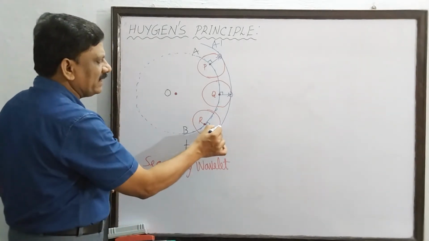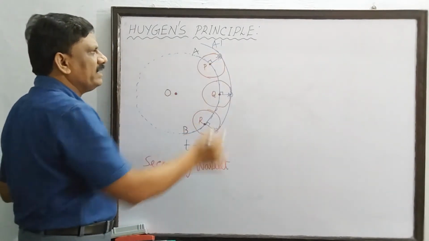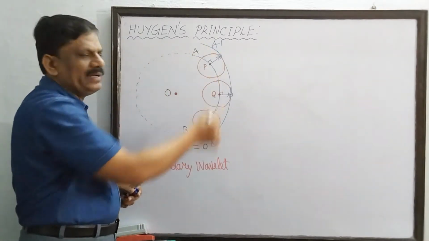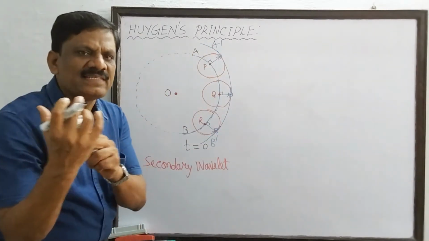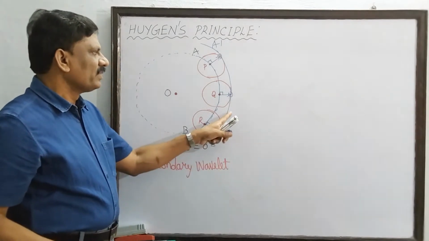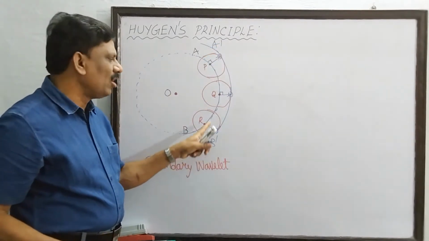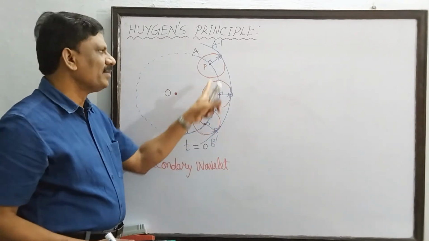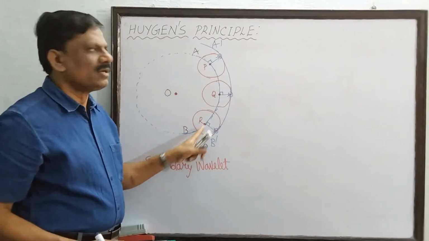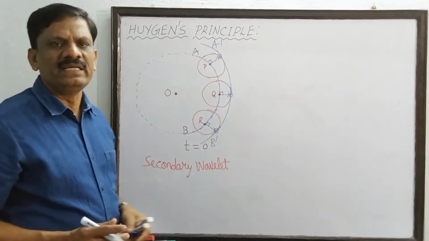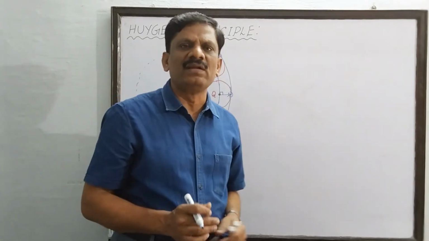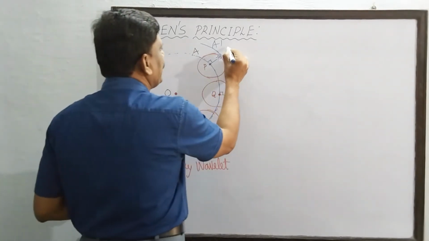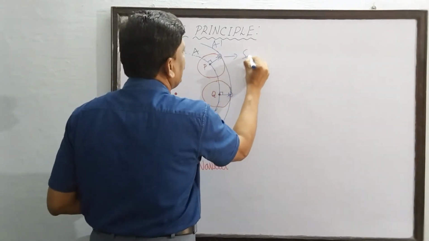This envelope A dash B dash accommodates all the smaller secondary wavelets emitted by P, Q and R. So this A dash B dash gets a new name: it is called the secondary wavefront. That is a new wavefront.